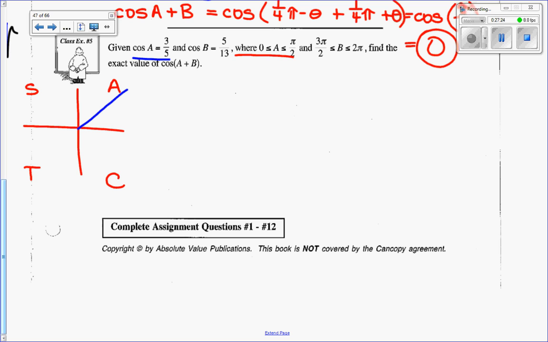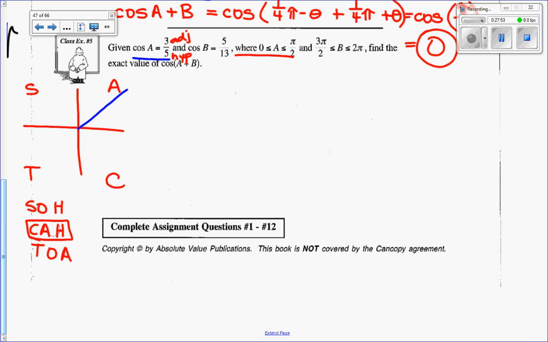Now it tells us our cos is 3/5. So thinking of SOHCAHTOA, what is cos? Adjacent over hypotenuse. So this would be our adjacent over our hypotenuse.